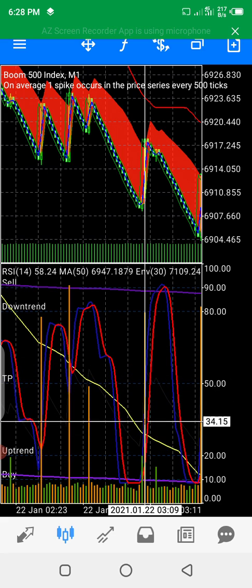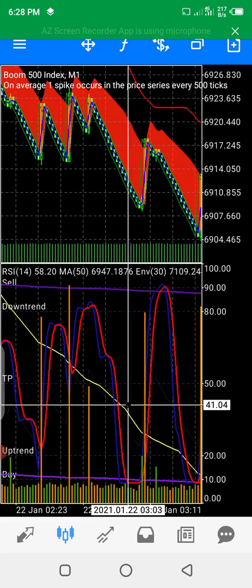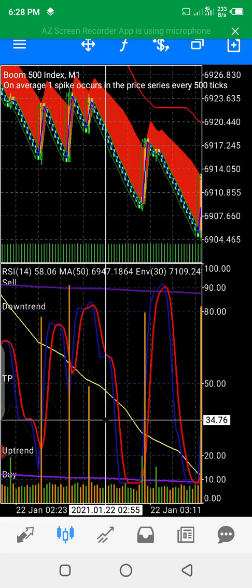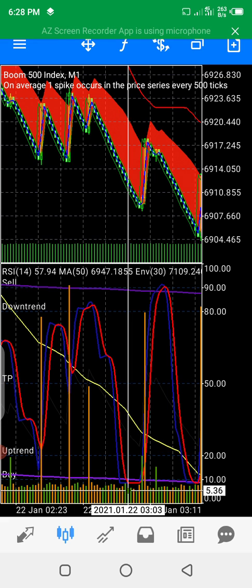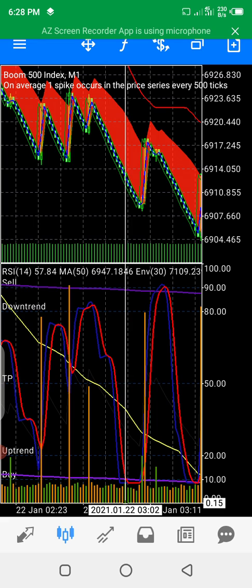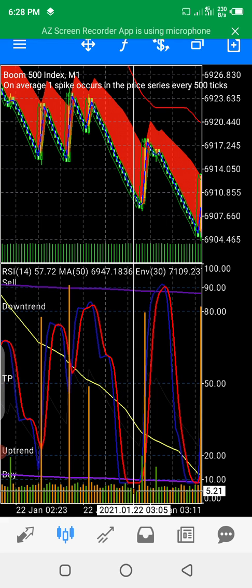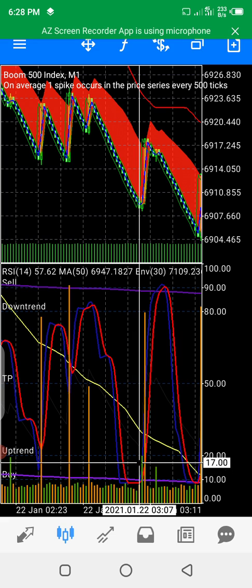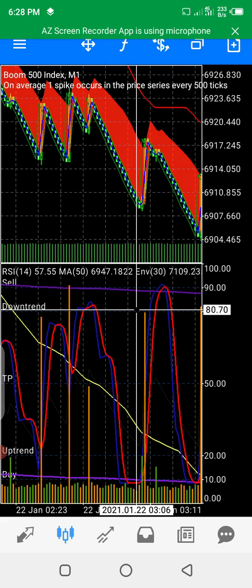And this was a huge spike. It spiked up to here.